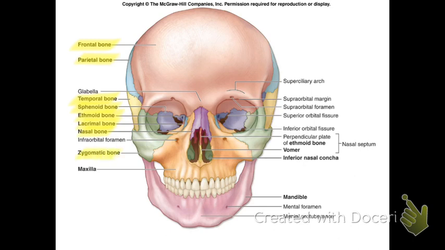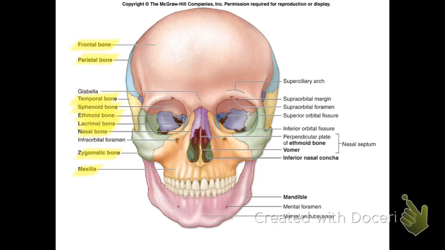Notice that I am not labeling the glabella or the infraorbital foramen. These are structures that you'll be learning about later in this lab and for the next couple of weeks. These are the bone markings, but your job today and the quiz next week will ask you to know the names of the bones. So your job is to learn the bone structures.